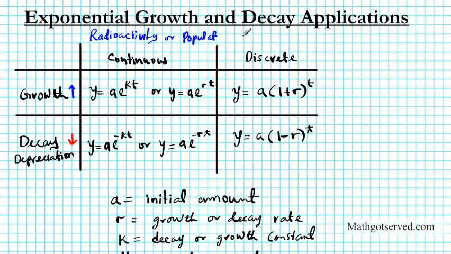For discrete, it mainly has to do with business, the business of investing or depreciation, anything that has to do with money. In most cases, you're going to find yourself using these formulas for those. So there you have it.